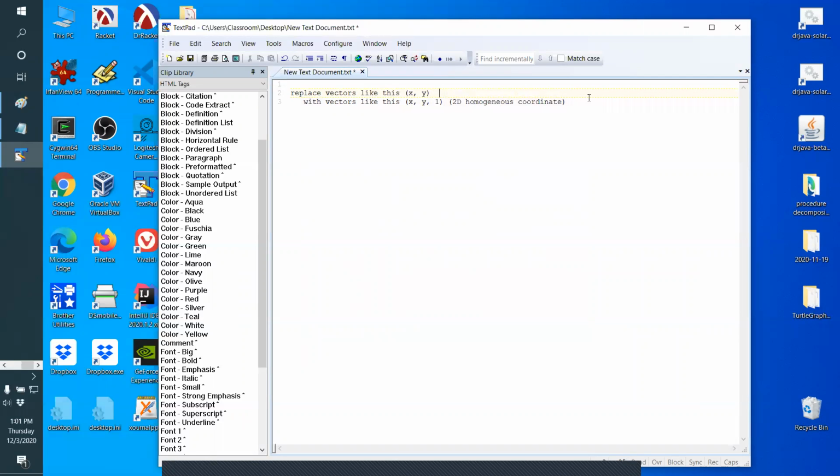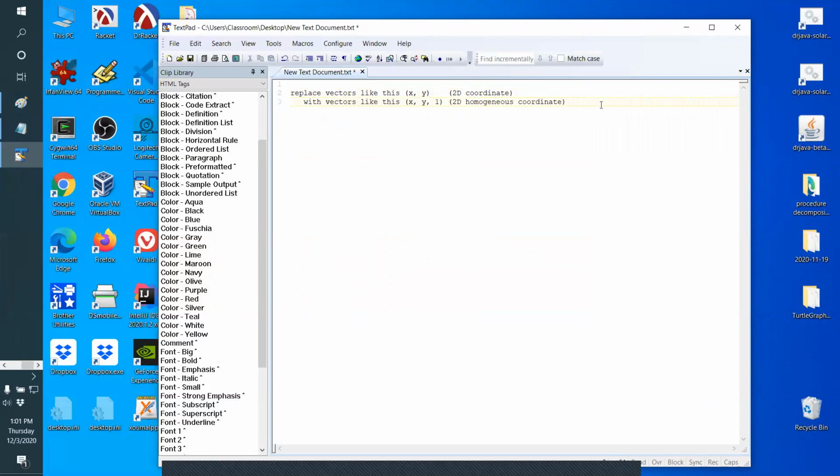So this is 2-dimensional, and this is 2-dimensional homogeneous. I'm going to replace the 2-dimensional coordinates with 2-dimensional homogeneous coordinates, x, y, 1.